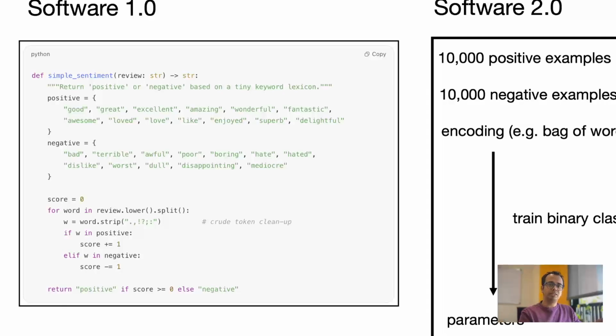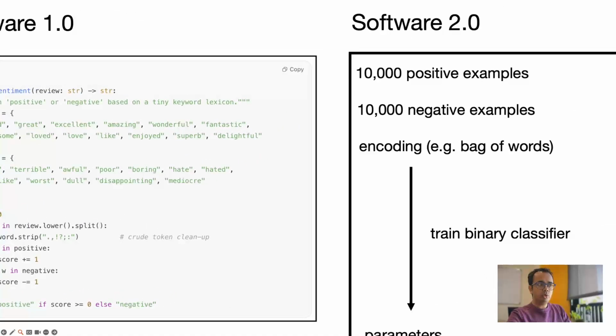Now you can imagine that this is not a great way to classify the sentiment of a particular sentence, but this is probably pretty close to what you could do in a software 1.0 paradigm, right? Of course, you could do better in software 1.0 as well, not questioning that, but we will just talk about how the paradigm has changed from software 1.0.